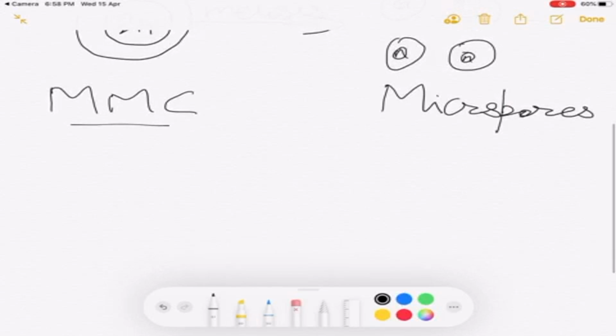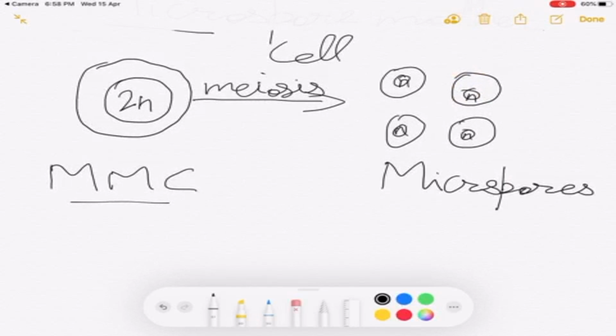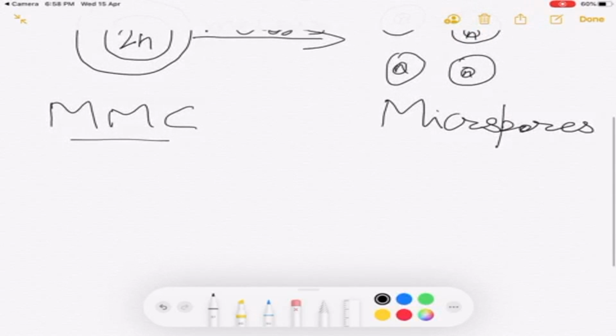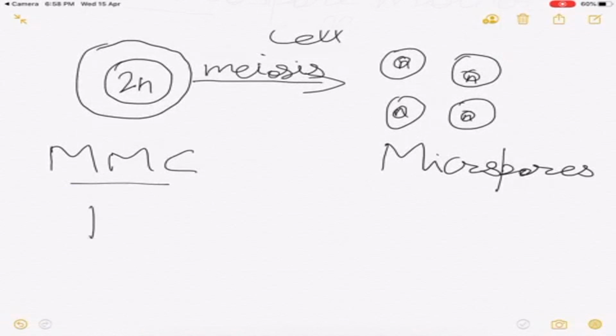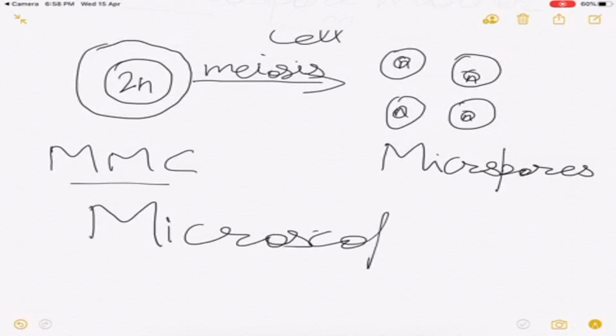Now these microspores will never remain separated from each other. They will stick together. They form a cluster of 4 cells, and that cluster of 4 cells is named microspore tetrad.